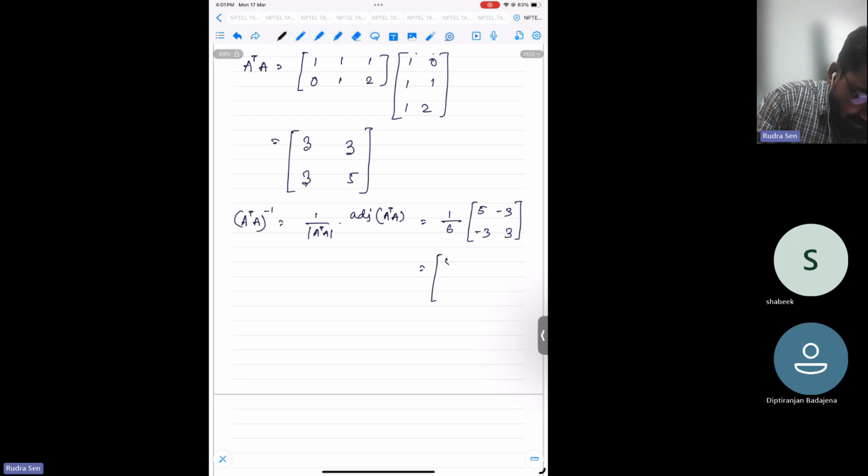So A transpose A inverse would be something like 1/6 times [5 -3; -3 3]. I think I have done it correctly.